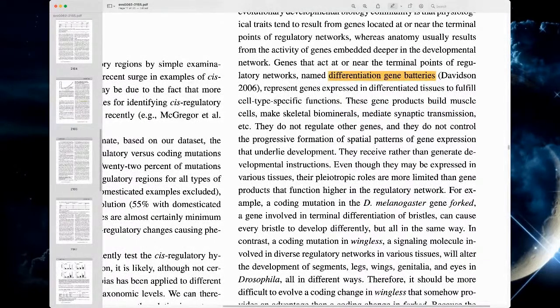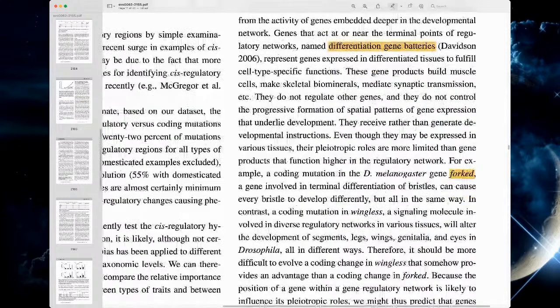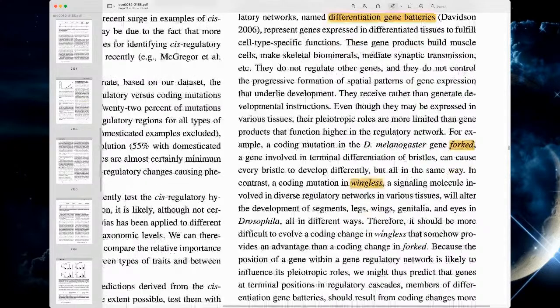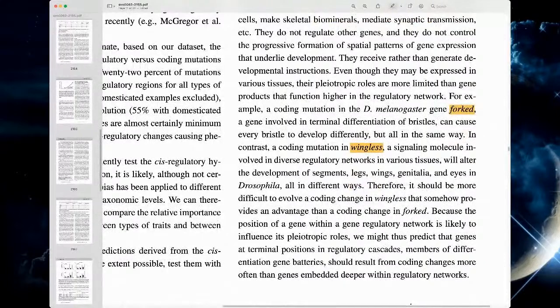For example, a coding mutation in the D. melanogaster gene forked, a gene involved in terminal differentiation of bristles, can cause every bristle to develop differently, but all in the same way. In contrast, a coding mutation in wingless, a signaling molecule involved in diverse regulatory networks in various tissues, will alter the development of segments, legs, genitalia, and eyes in Drosophila, all in different ways.